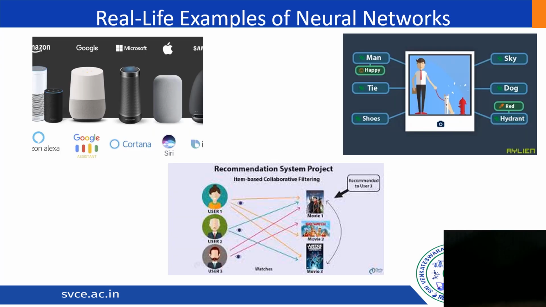Next we will see some of the real life examples where we use neural networks. First one is voice assistants like Siri, Alexa, Cortana, which are used to understand your voice and respond. Second one, the recommendation system.